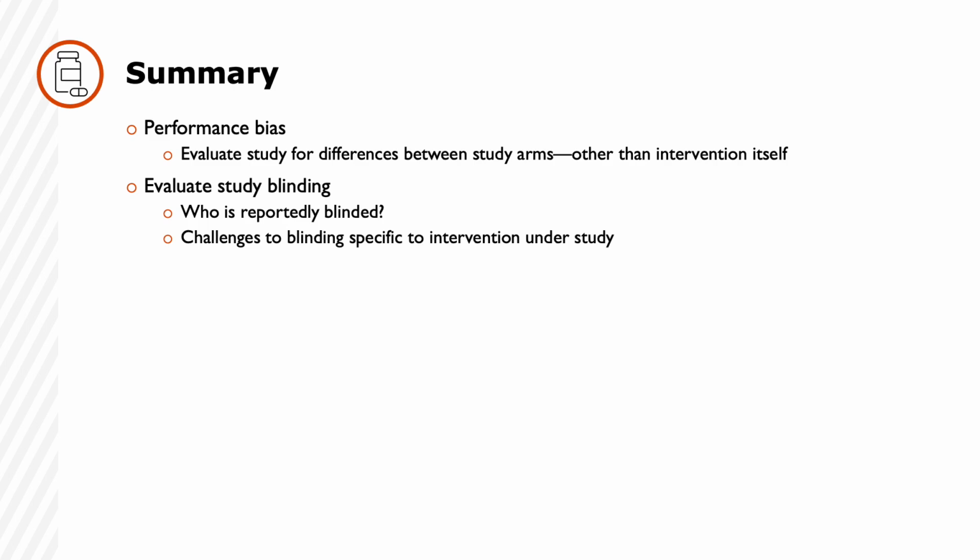And it's especially important for us to evaluate study blinding. Who in the trial is reportedly blinded? Are there other challenges to the blinding that are specific to the intervention under study, characteristics of the study drug or intervention that may make it impossible to accurately maintain a blinded state during the course of the trial?